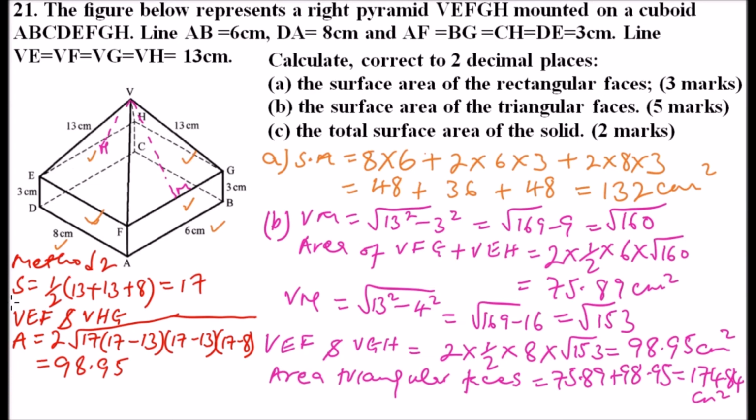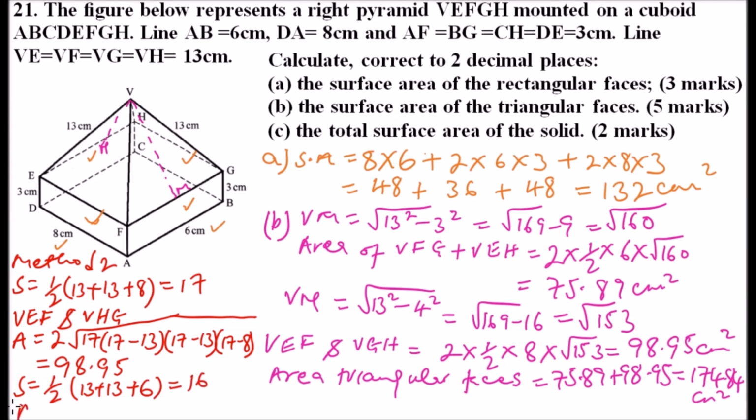You do the same to the other triangles, where you start by getting S, which is a half into bracket 13 plus 13 plus 6, and when you add up you get 16.